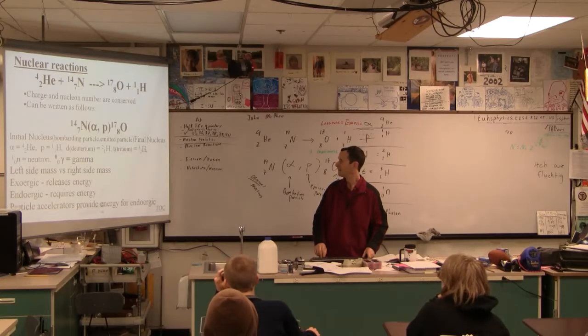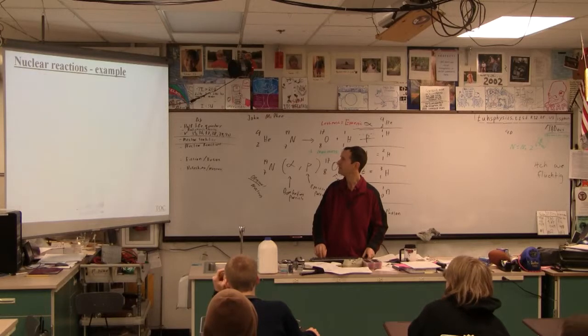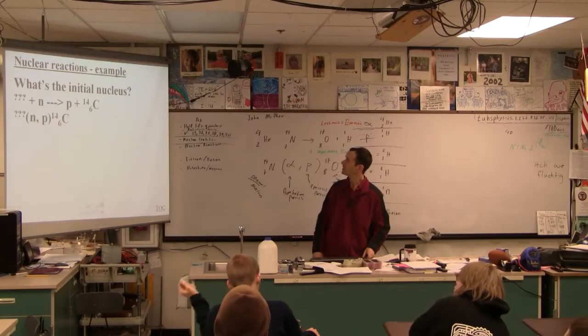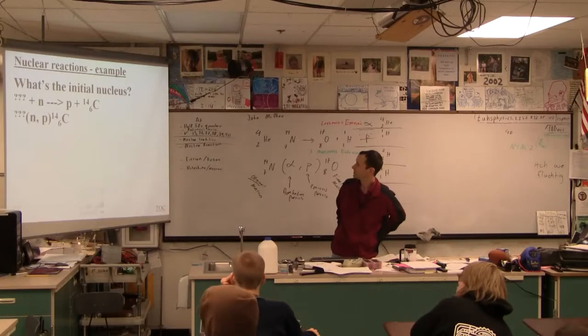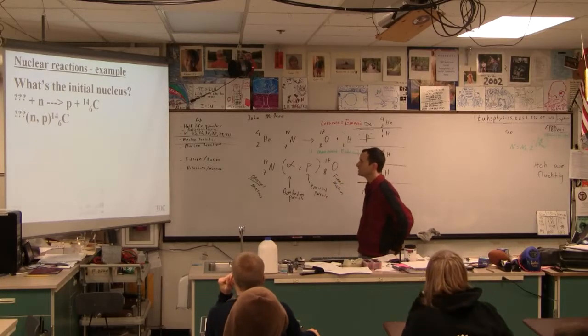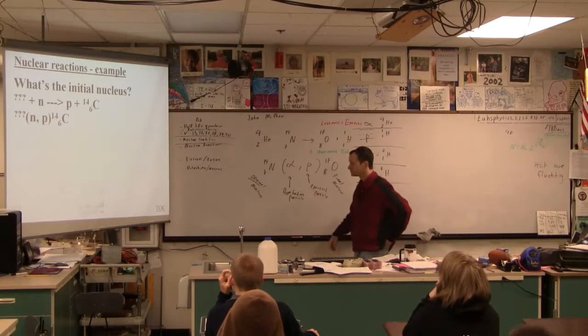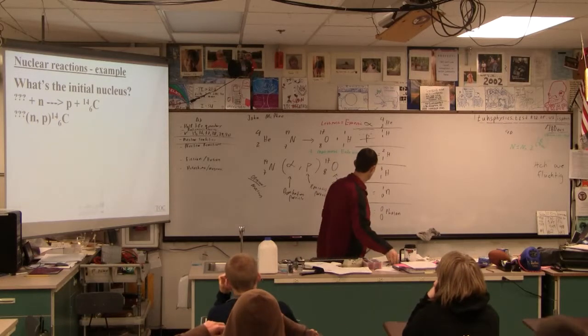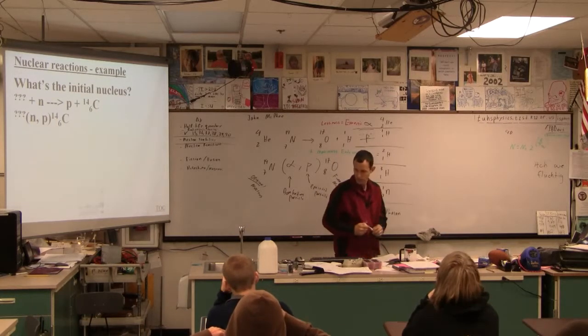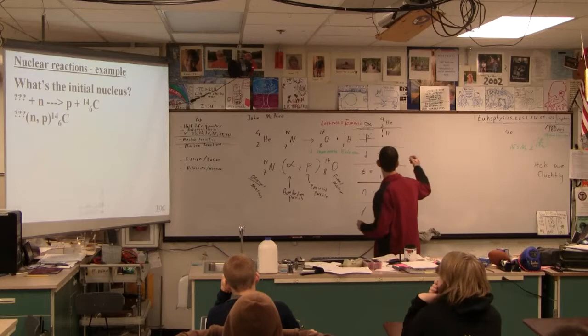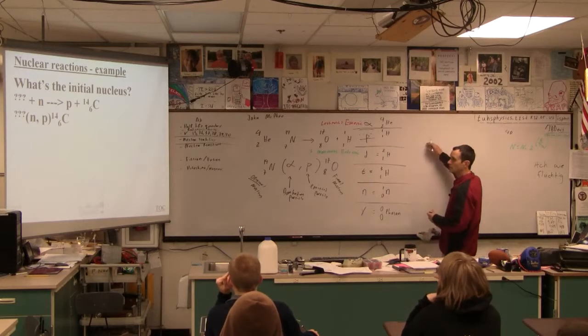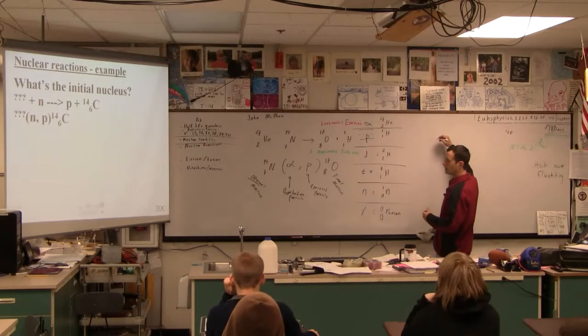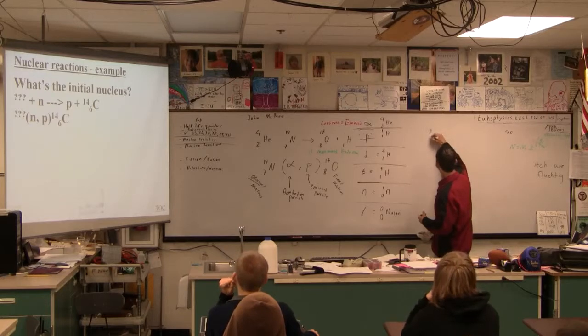Are you guys ready for the excitement here? An example. So for these ones, the question is, what's the initial nucleus, right? And it's written this way, with a question mark.